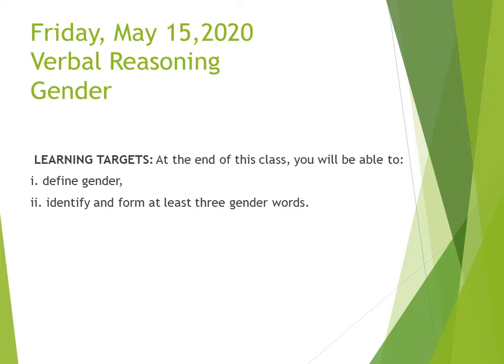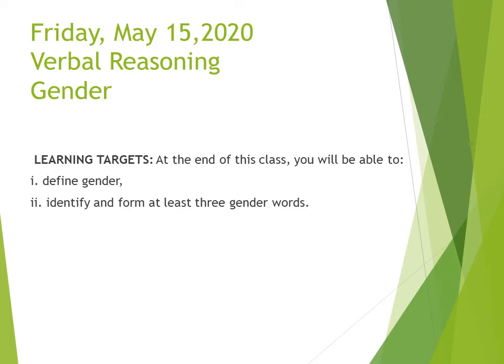When you talk of gender, you have gender in sex, and then you have also gender in grammar. But we need to find out the difference between gender and sex. So we'll say that gender is the physical appearance of being a male or a female.